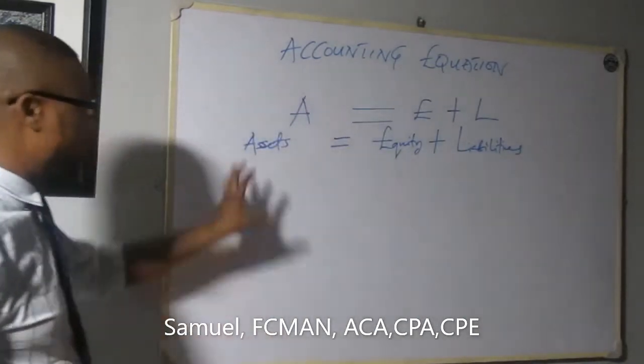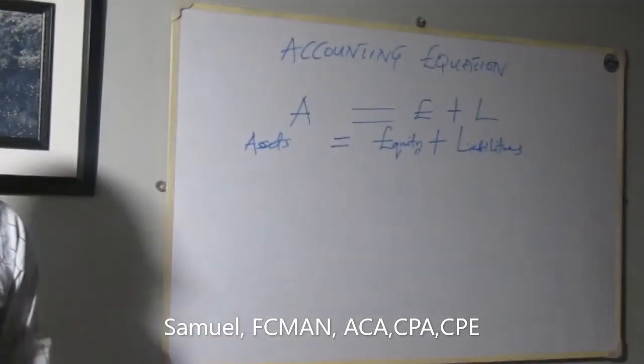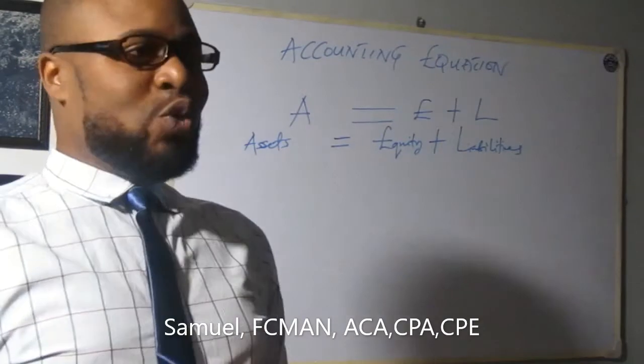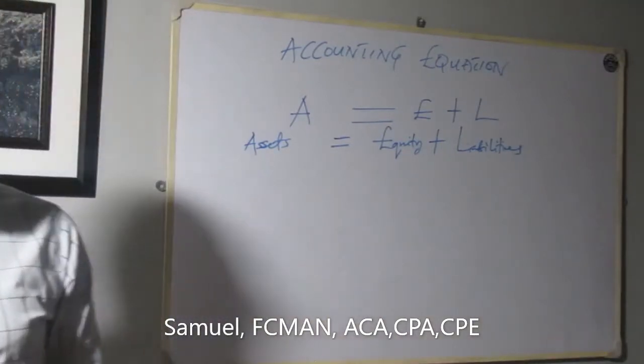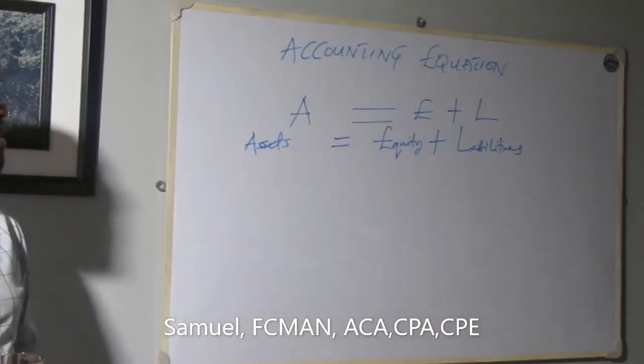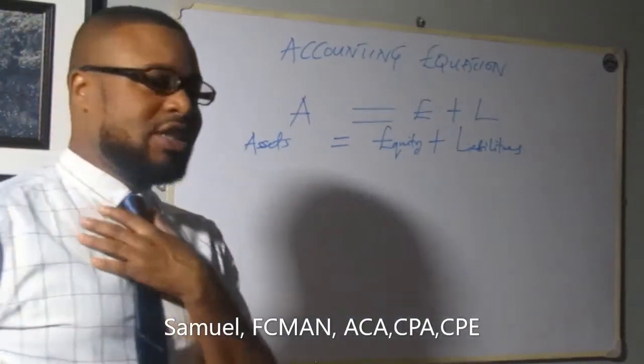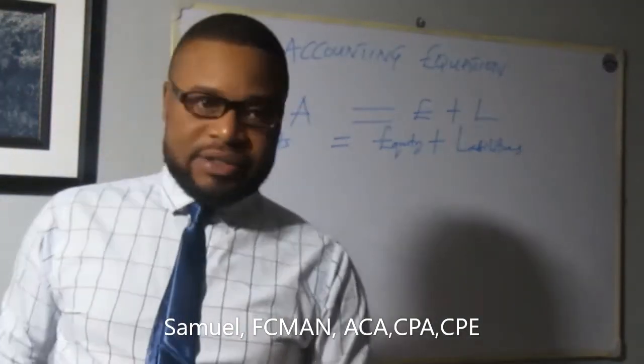That is your simple accounting equation. Assets equals equity plus liabilities.